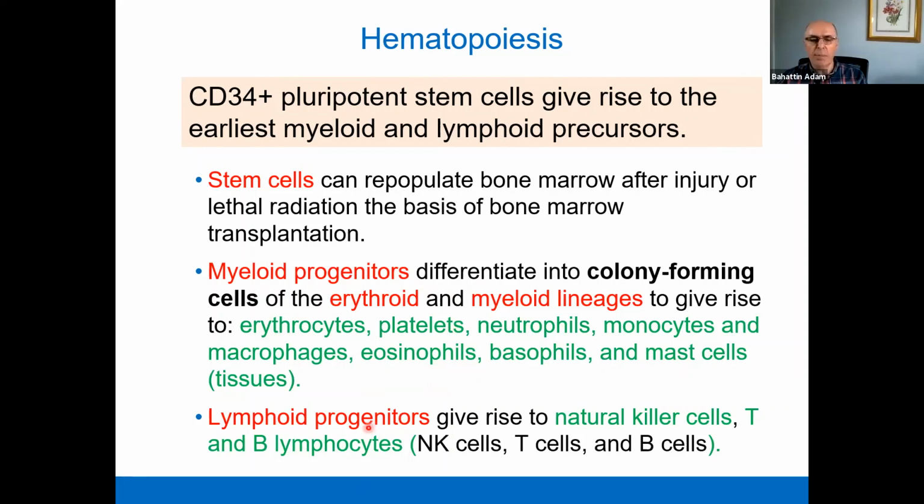And lymphoid progenitors give rise to either T cells or B cells.